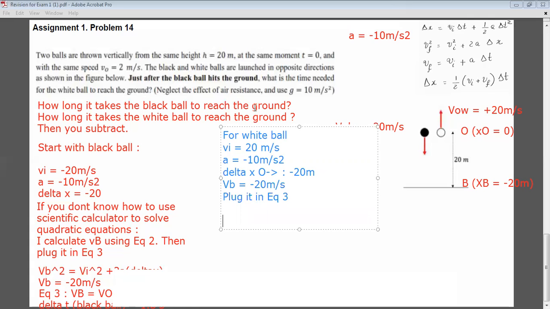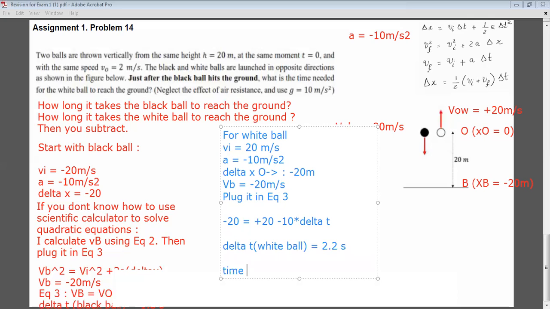So you will say minus 20 equals plus 20 this time, plus 20 minus 10 times delta t. Okay, and you will get delta t for the white ball to be equal to 2.2 seconds.